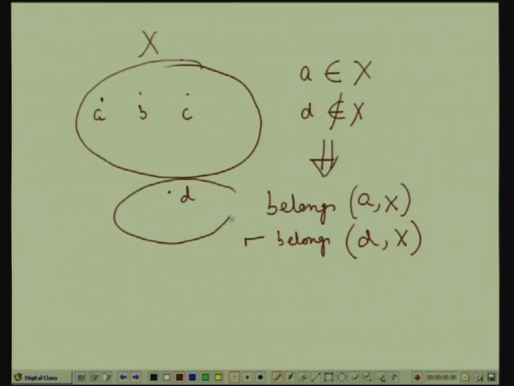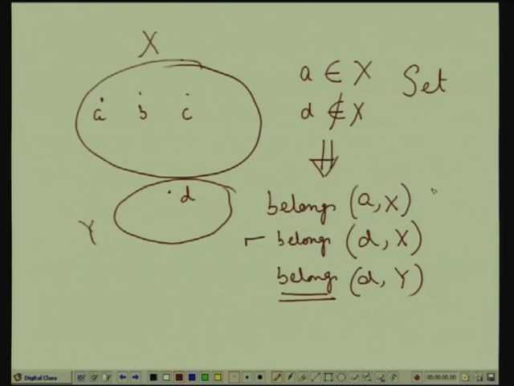Might be D belongs to another set Y: belongs(D, Y). So, this belongs is a predicate, and therefore the definition of a set immediately maps to a predicate. So, from set we can always come to predicate logic. All right.